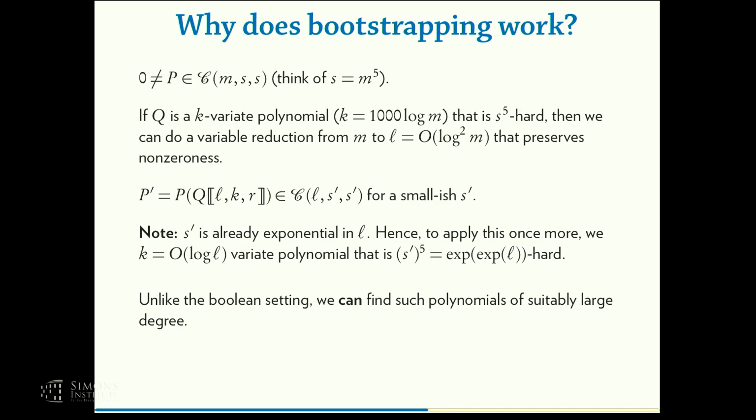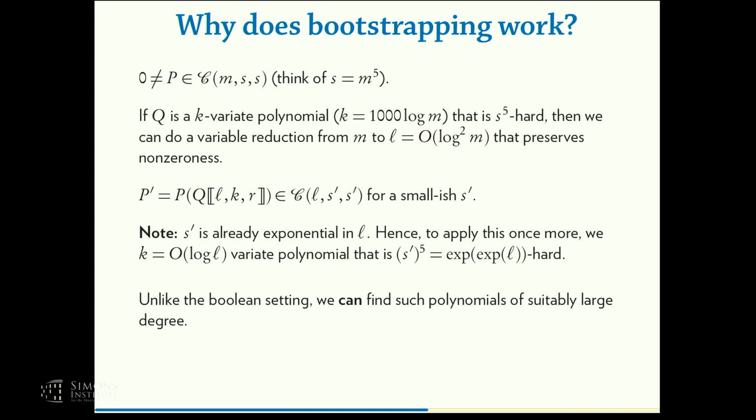But here the point is, in the algebraic world, you can play with the degrees. It's possible that you are working with L-variate polynomials, but of possibly large degrees. So it makes sense to ask if this polynomial has a doubly exponential in L size circuit, maybe because the degree is also of the order of the same thing.